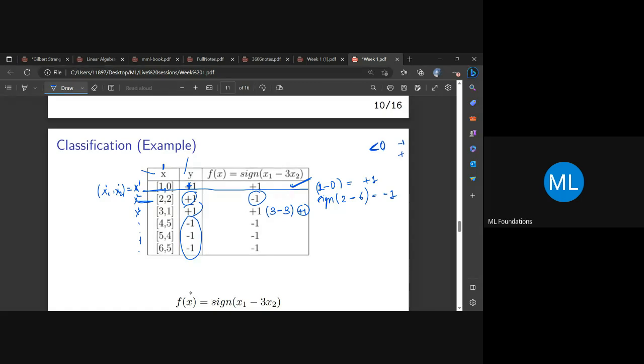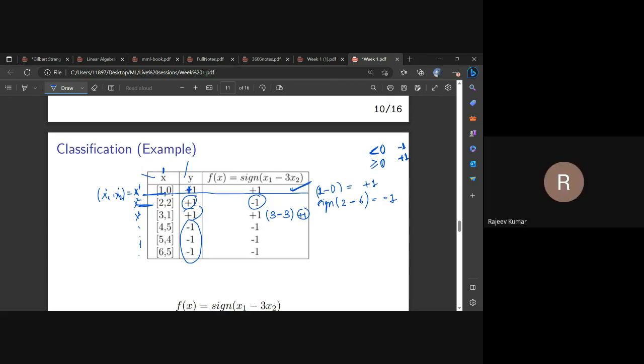Otherwise, you take it as +1. So for greater than or equal to 0, you define it as +1, and in case of less than 0, define it as -1. In every case, every time.